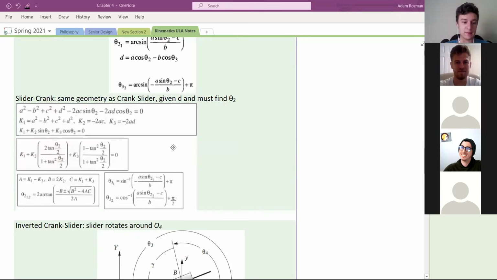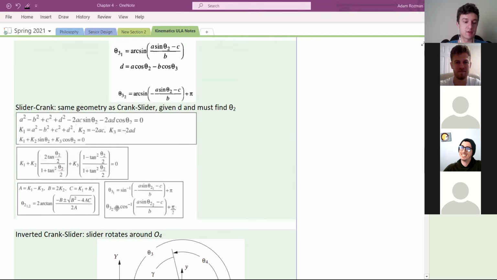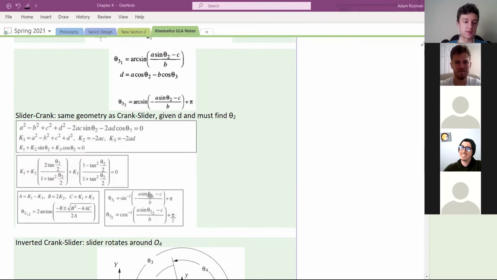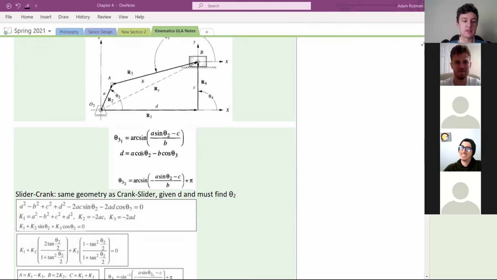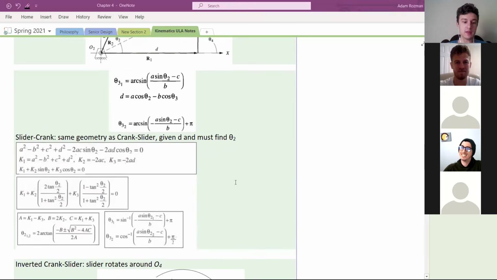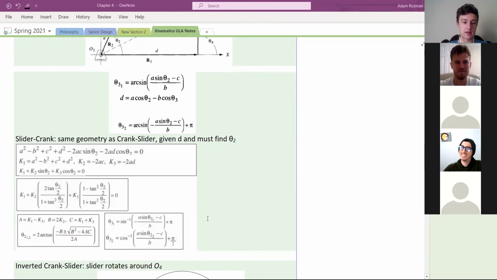Slightly different equations for your theta 3s, but you can still use the D equation here because it's the same geometry. They're kind of just rewritten so you can find the thetas without theta 2.